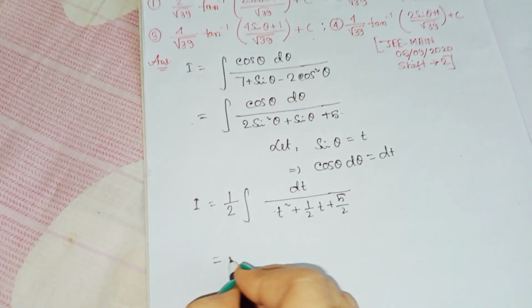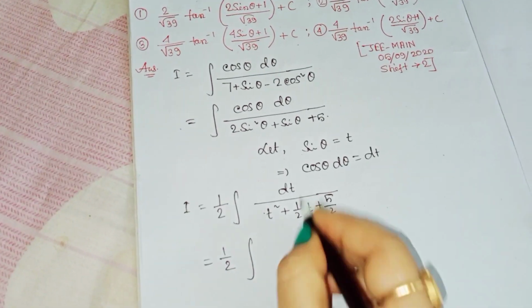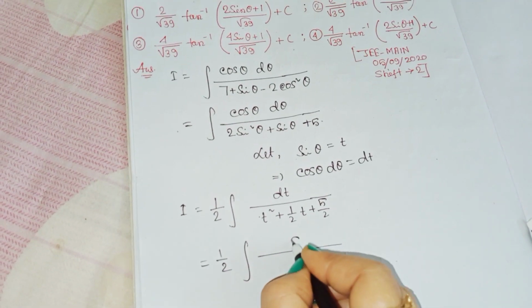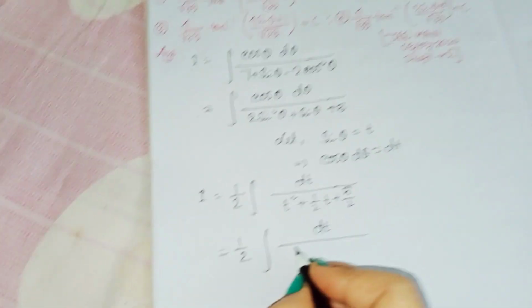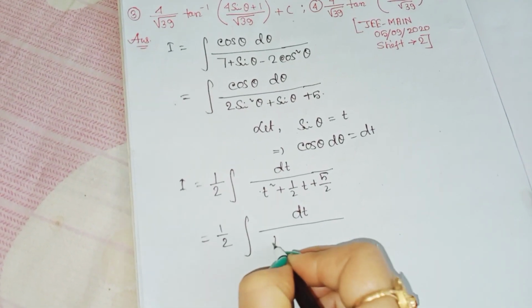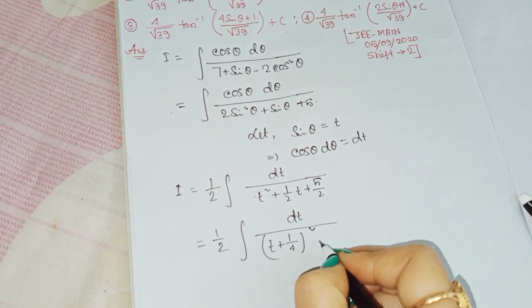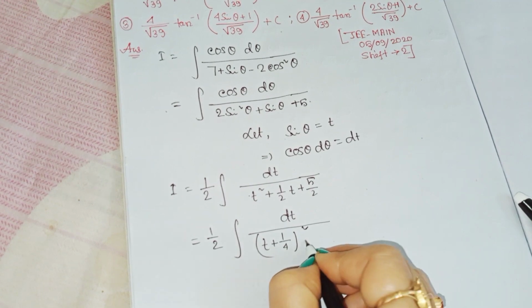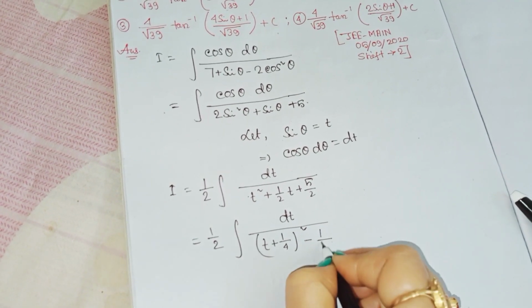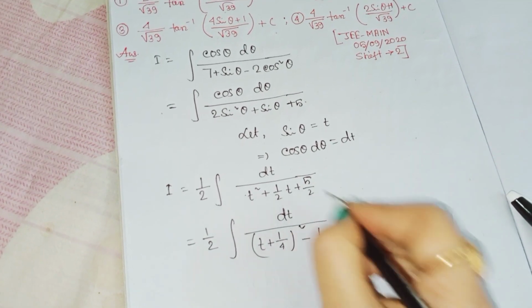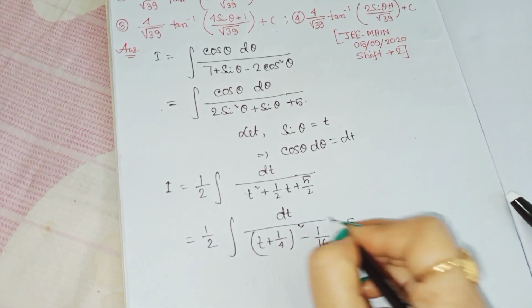Now factorize this, and the numerator is dt, so here we get t plus 1 by 4 whole square, and x minus 1 by 16, and 5 by 2 is remaining here.